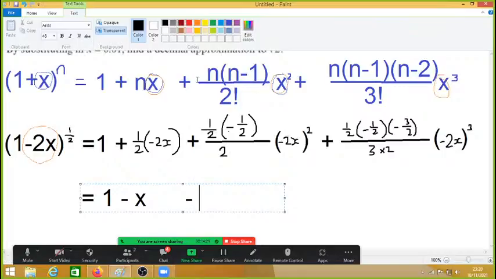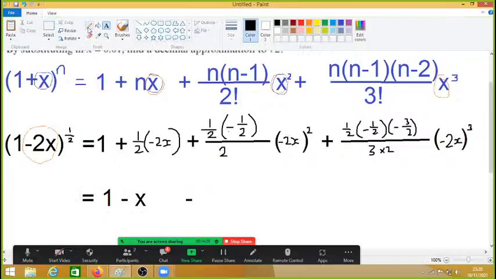Sorry, let me go back. So this 2 will get squared, so that'll become a 4. And then that gets divided by 2. And then you've also got the half and the minus half. So type it all into your calculator. And you should get minus a half.